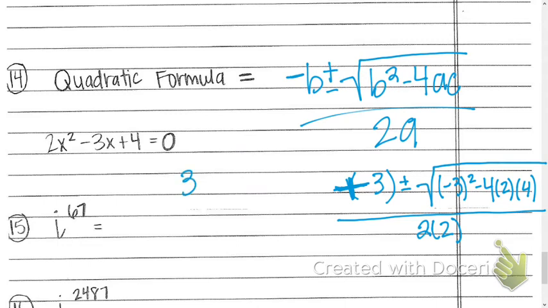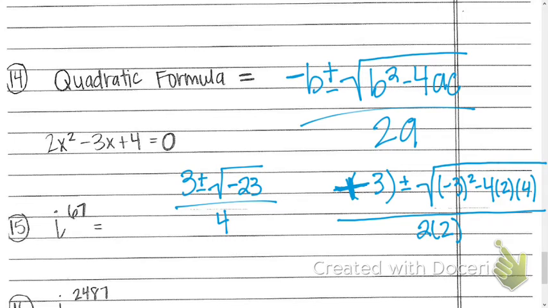So we have positive 3 plus or minus the square root of negative 23, over 4. In this case, you cannot simplify anymore. Well, you can get decimals, but we don't like decimals.